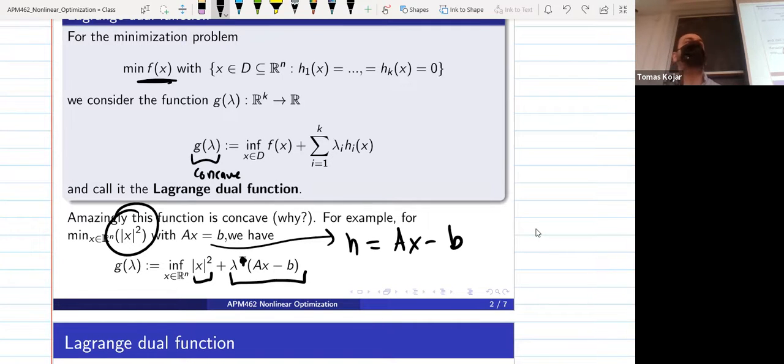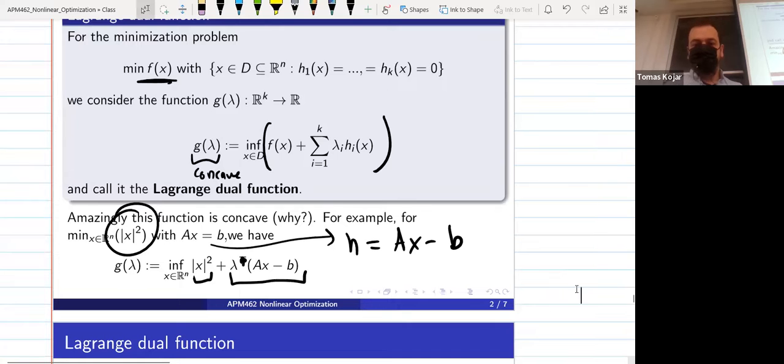Oh yeah, it doesn't depend on lambda. Yeah, okay, that's a good question, because we kept talking about this convex infimum. That's right. You should think about this as a function of lambda. Yeah, very good.